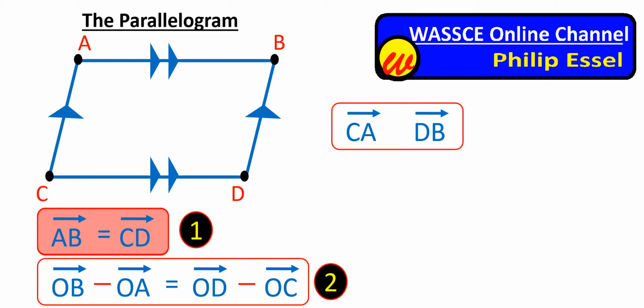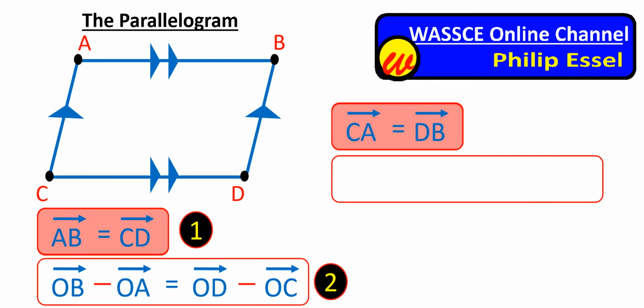So let's write our equal sign in between them to show that they are equal. So the second feature we need to note about this parallelogram is that the sides CA and DB are also equal. Therefore, those two vectors can be equated.